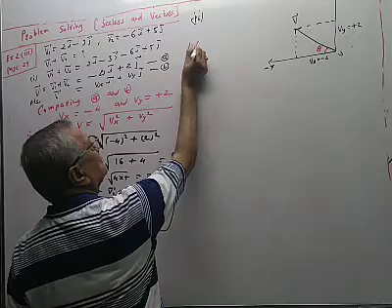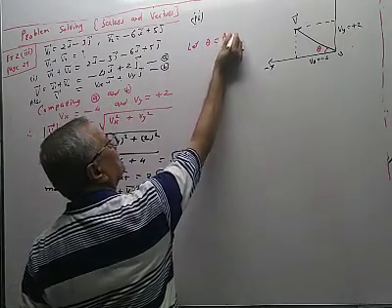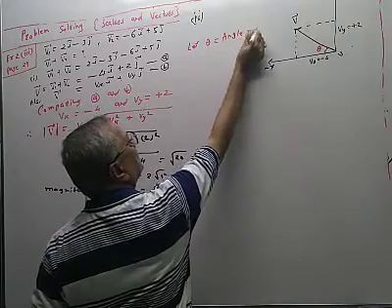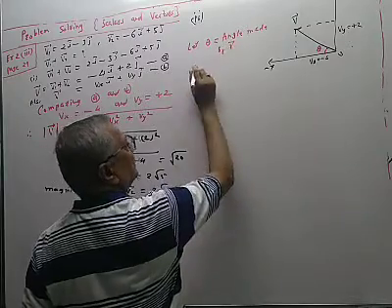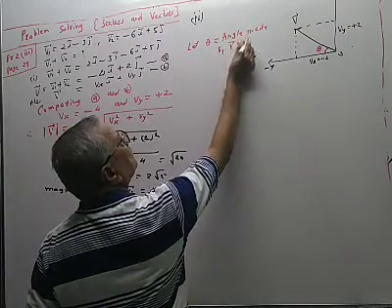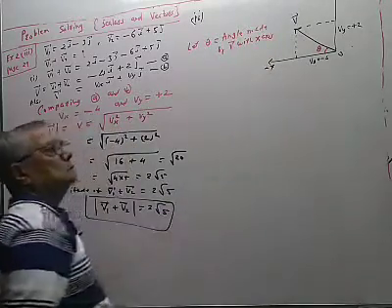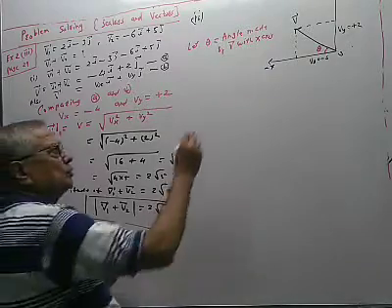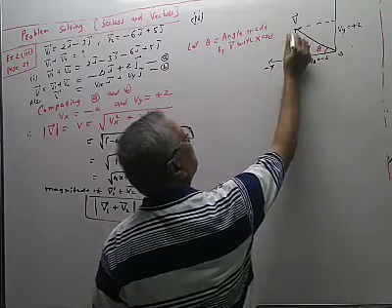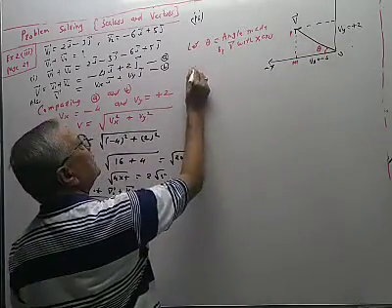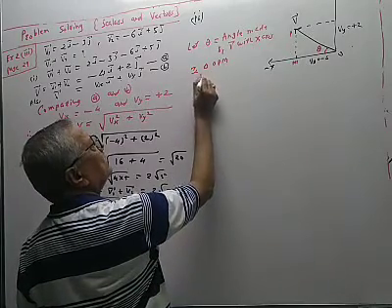Let theta be equal to the angle made by vector V with x-axis. So now this is a right angle triangle. So I will call this M P. So in triangle OPM, what is tan of theta?